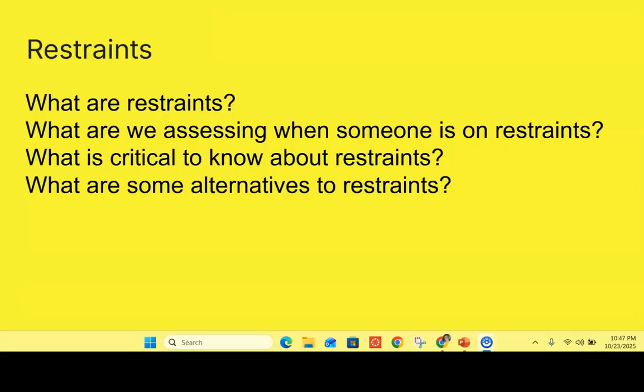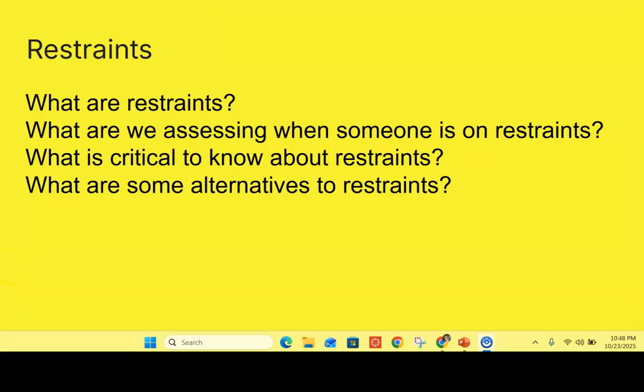Complications from the immobilization can include pressure injuries, pneumonia, constipation, humiliation, agitation, and death from restricted breathing and circulation.